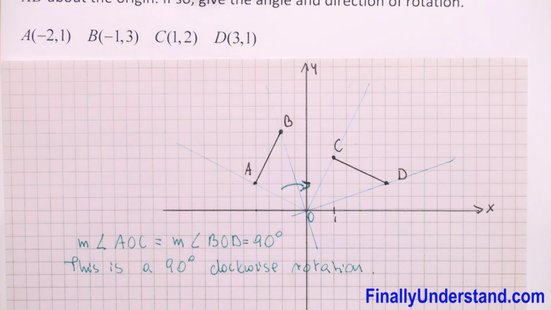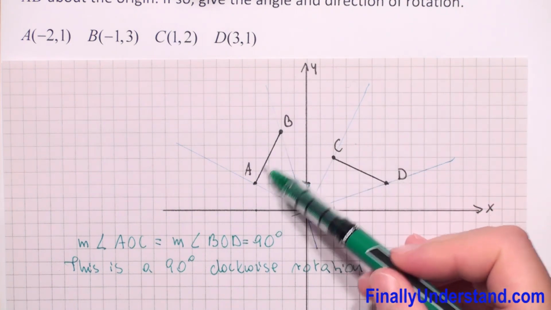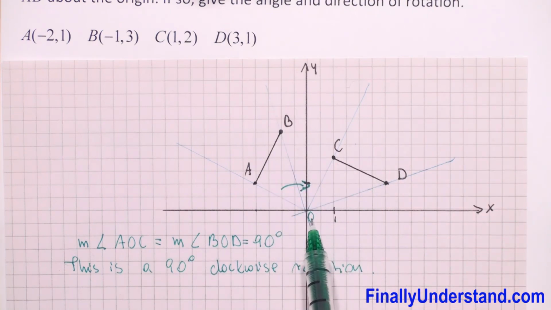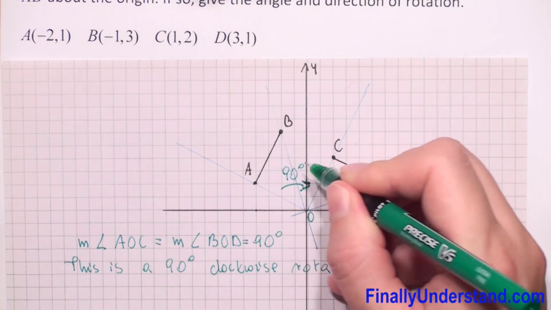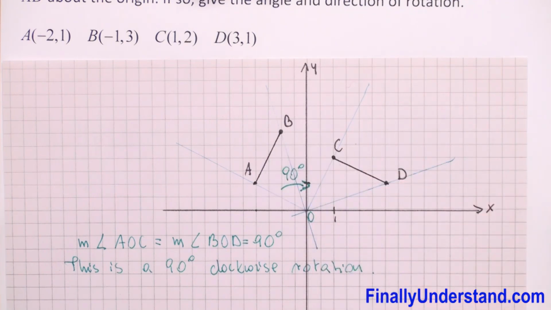So we check only characteristic points A and B. If these 2 points are moved by rotation about the origin, in this case by 90 degrees, it means that the rest of the points between A and B are moved by the same angle too. So this is my solution.